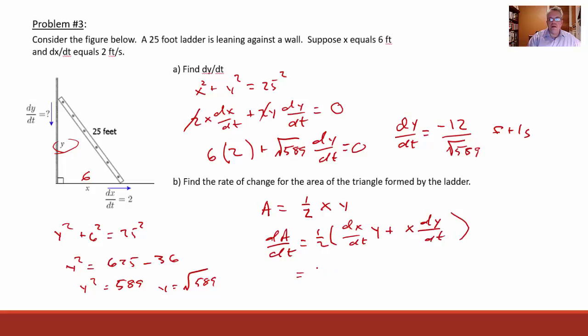All right, now I think we have all four of these quantities. dx/dt is 2. y we figured out was the square root of 589, plus x is 6, and dy/dt is our answer from above. Now I really wish I had found it, but it's times negative 12 over square root of 589. Okay, what a mess. But we could find the decimal for that. I'm not going to, but if we found the decimal, that's the rate the area is changing.